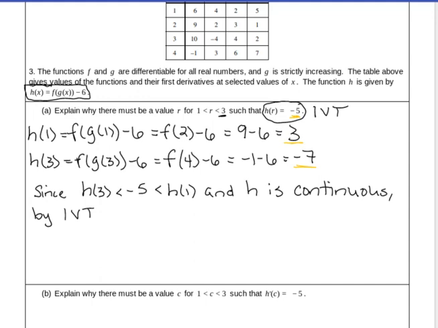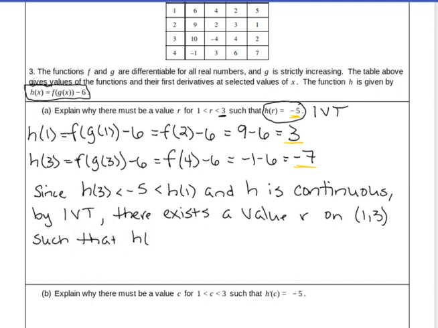The value we're trying to guarantee, this negative 5, has to fall between the two endpoints, and h must be continuous, because we know it must hit that value then. So by IVT, there exists a value r on the interval from 1 to 3 such that h of r is equal to negative 5.